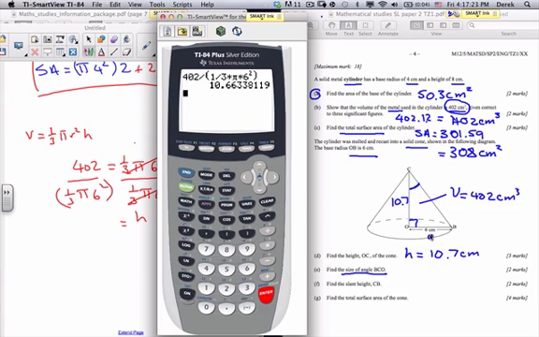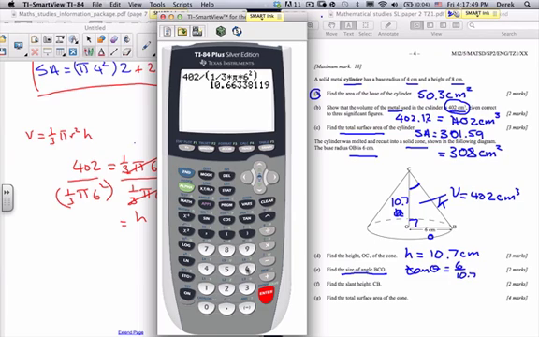So this is my opposite, this is my adjacent, and this over here would be the hypotenuse. I don't know anything about that, so we're going to use opposite over adjacent, which is tan. So it's going to be tan of theta is equal to my 6 divided by my 10.7.